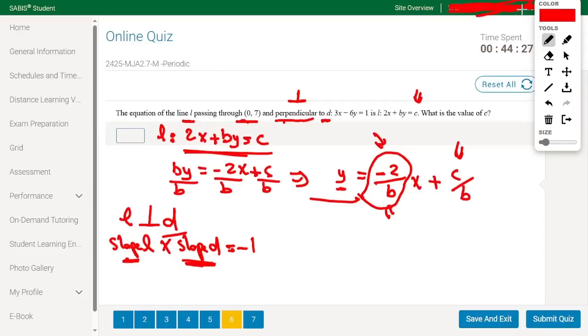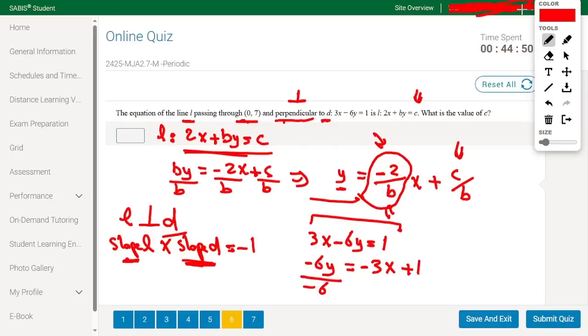Now I have line D as 3x minus 6y equal to 1. So making the line form, we have minus 6y equal to minus 3x plus 1. 3x goes to the other side, right? Now divide by minus 6, divide by minus 6, divide by minus 6.